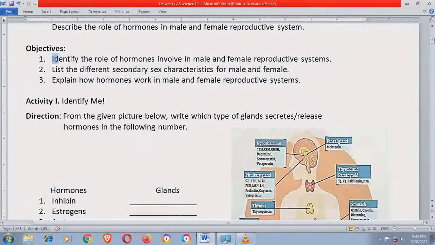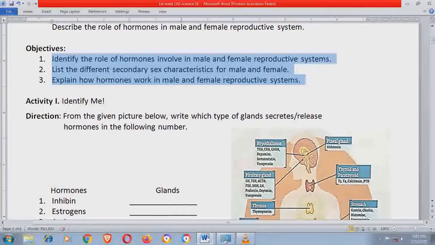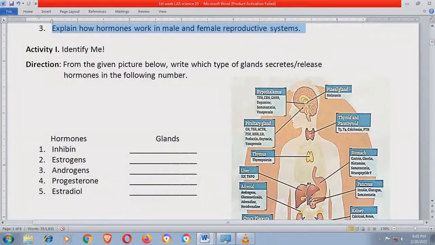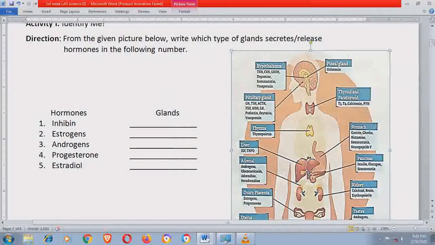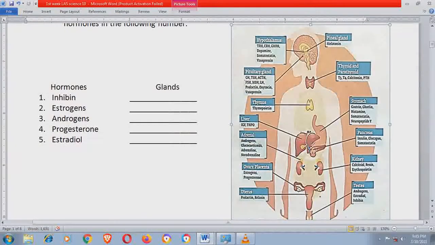So, bago natin ma-meet itong mga objectives na to, dapat may idea na yung mga bata about the endocrine system. Ano ba yung meron sa endocrine system? Pero hindi buo, no? Hindi buong endocrine system ang nasa activity na to. So, for example, inhibin. So, hanapin niya lang dito yung inhibin and then what gland produces inhibin.